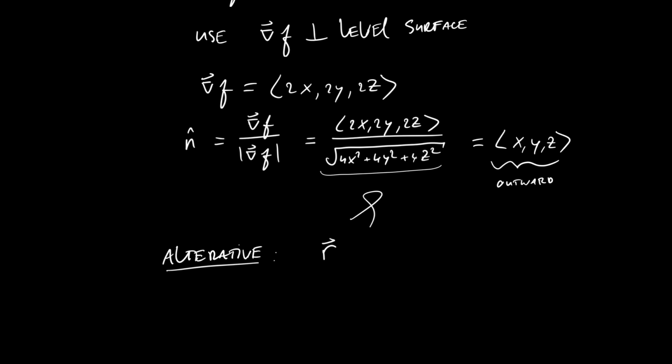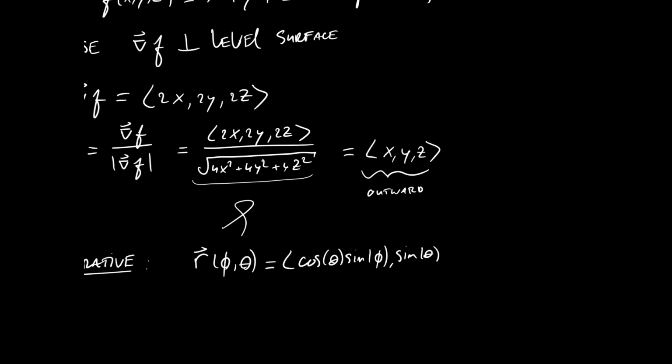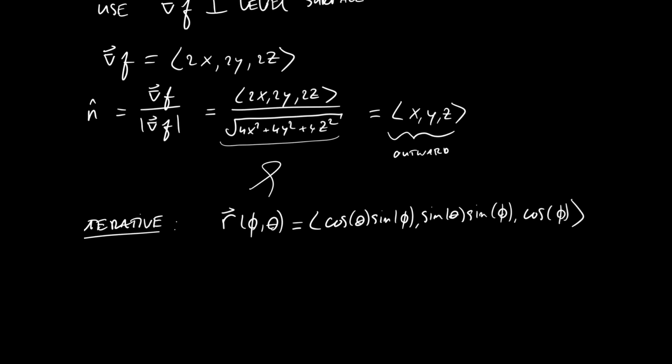So we can take, for example, the spherical coordinates and parameterize the sphere as this: cosine theta sine phi, sine theta sine phi, and then cosine phi. And then just notice that we can get a normal vector if we take the cross product of the partial derivatives of this vector r with respect to phi and theta.